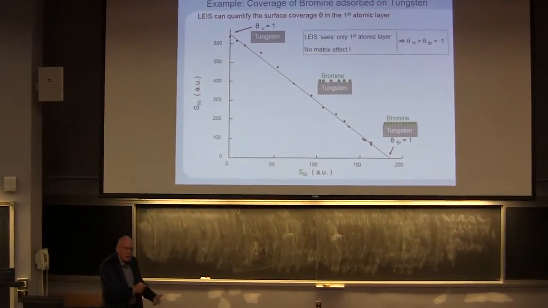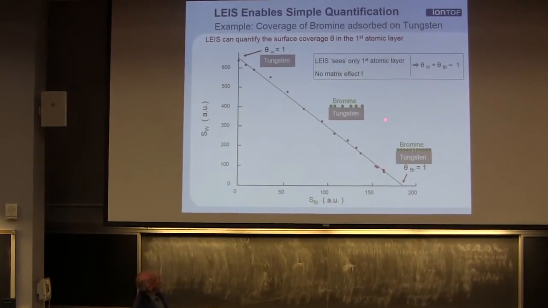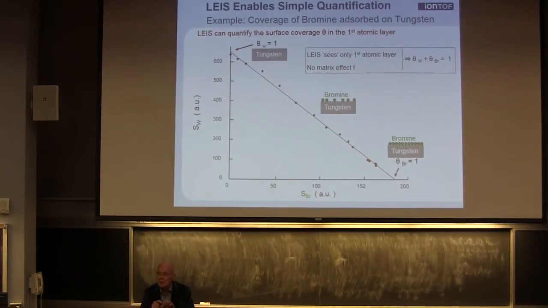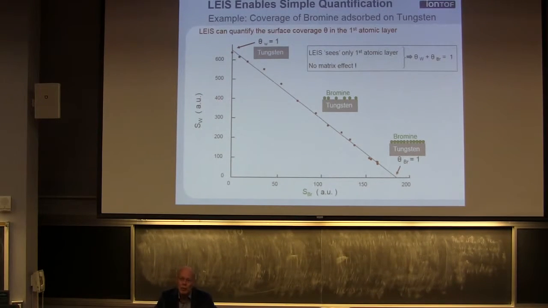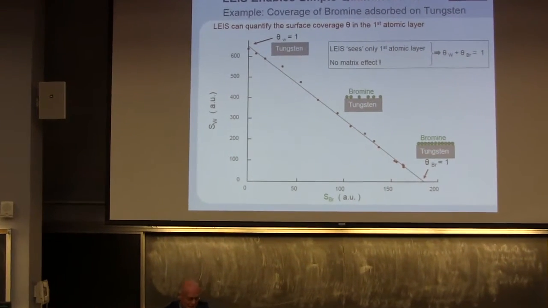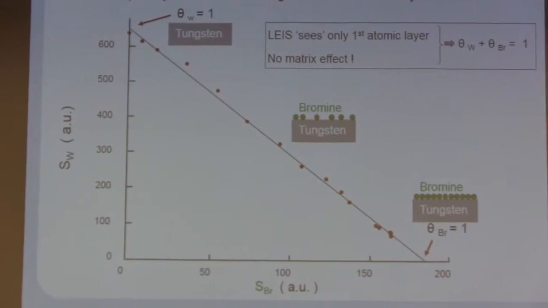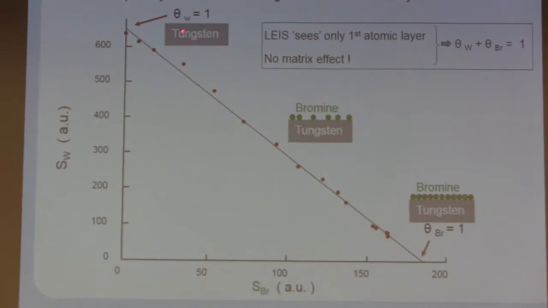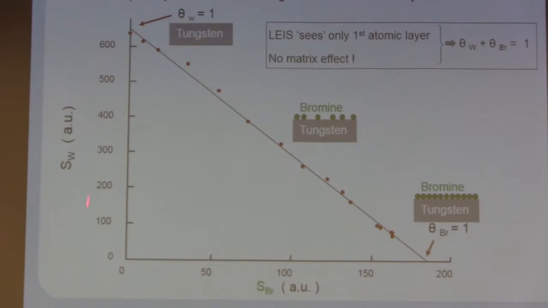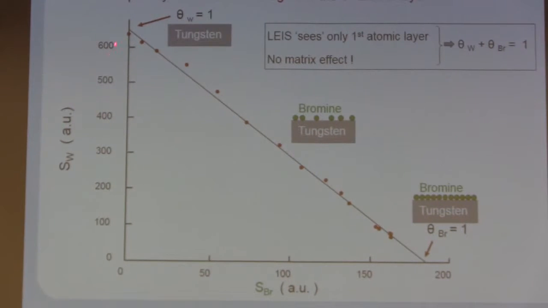One example to understand how it works: take a sample of pure metal tungsten, and adsorb something like bromine on it. This is one of the almost historical papers on that. When you put more bromine on it, starting at the top with pure tungsten, you don't see the tungsten underneath. The more bromine, the less tungsten there is, because you only look at the top layer. So it's either tungsten or bromine, and there's nothing else.